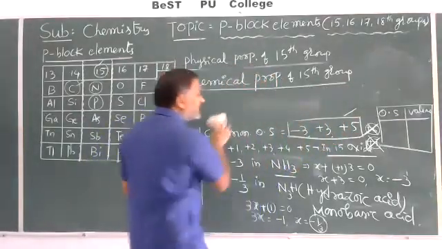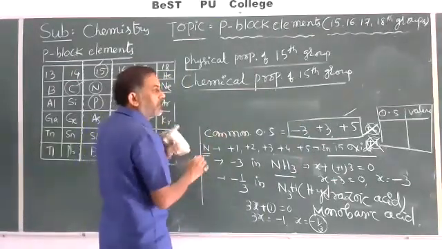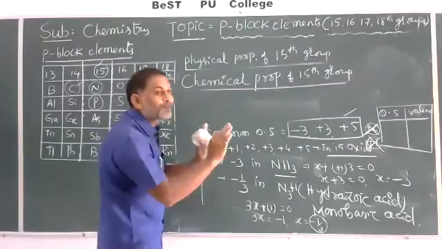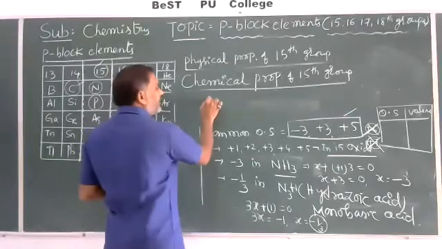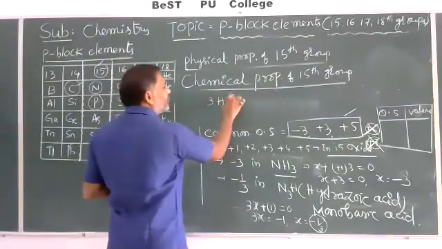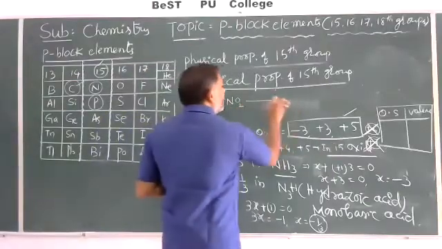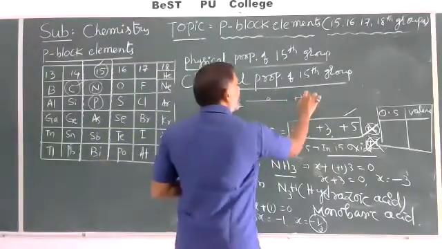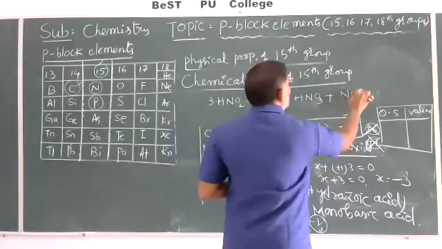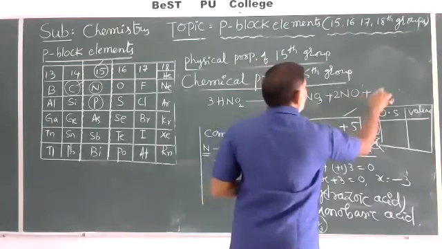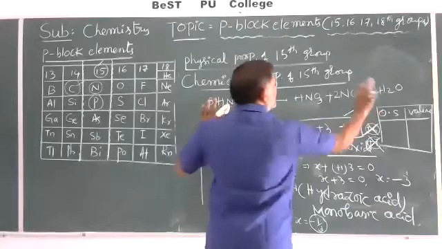Nitrogen exhibits the disproportionation property, converting into +2 to +5... that is, from +1 to +4 only, not +5. See, I'll take 3 moles of HNO2, nitrous acid. On heating, it becomes HNO3, nitric acid, plus 2 moles of NO, nitric oxide, and water is formed. Here 3 and here 3, a balanced reaction.